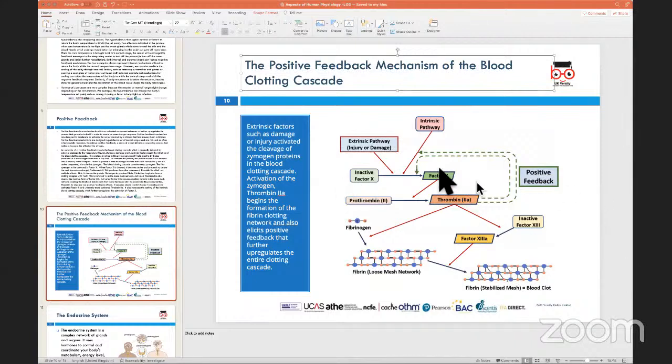And this is what is explained in this particular slide, which basically says that the zymogen and the thrombin essentially start to create a bit of a network. And that network, basically a meshwork or a network, as you call it, starts to create like a net.